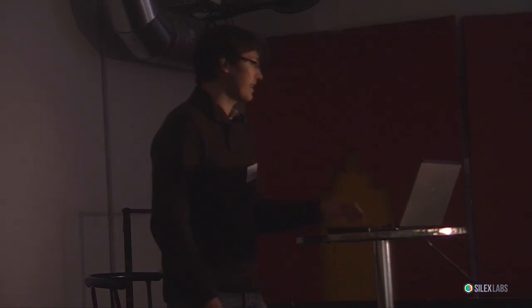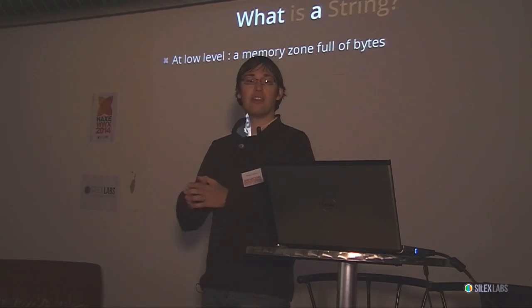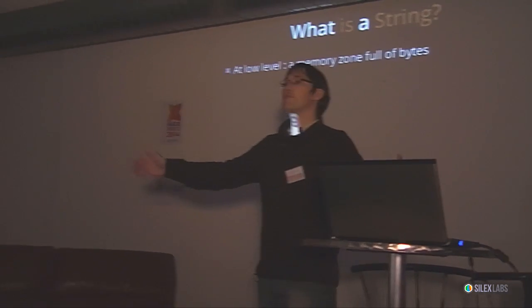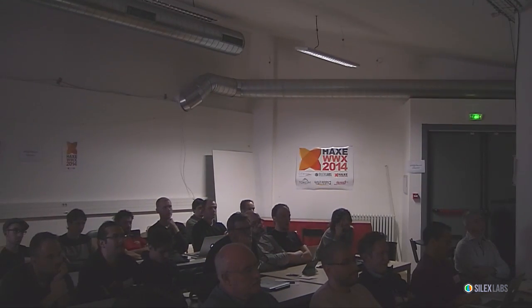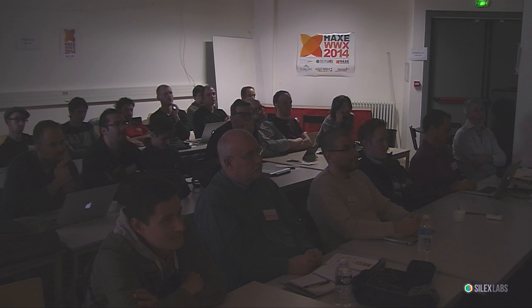So I was asking myself, what is a string in the first place? At a very low level, a string is just a memory zone, like an array of bytes, a lot of bytes, so values between 0 and 255. And the encoding is implicit, which means that it's not stored in the bytes themselves.